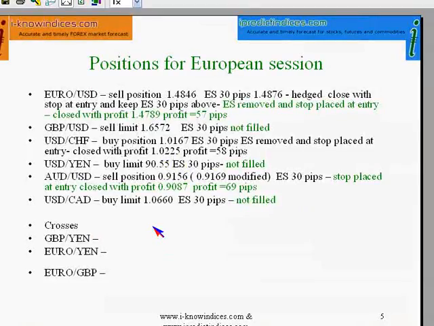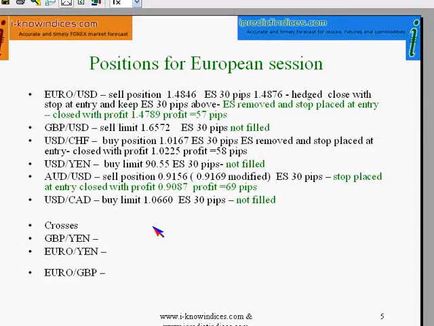So the forecast was Euro and GBP are expected to swing and slide during the European session. Based on that, we had taken the sell positions in the case of Euro. I took a sell position in Euro at 1.4846. Subsequently, I explained how you have to keep a hedging order 30 pips above in order to limit the risk to start with. The hedging is placed instead of a stop.